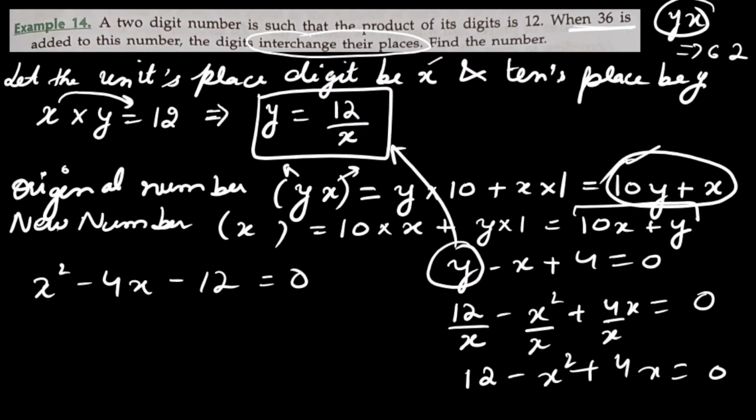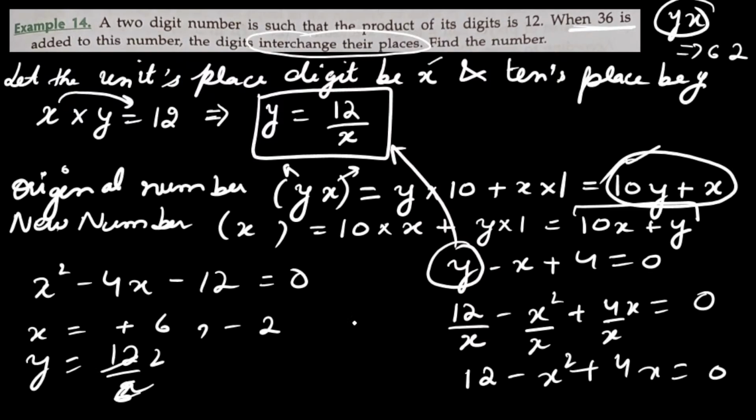Okay, now after simplifying, what values of x did we get? The values of x we got are plus 6 and minus 2. Okay, x value 6 we got. So y's value we can find by 12 by x. 12 by 6 is 2.